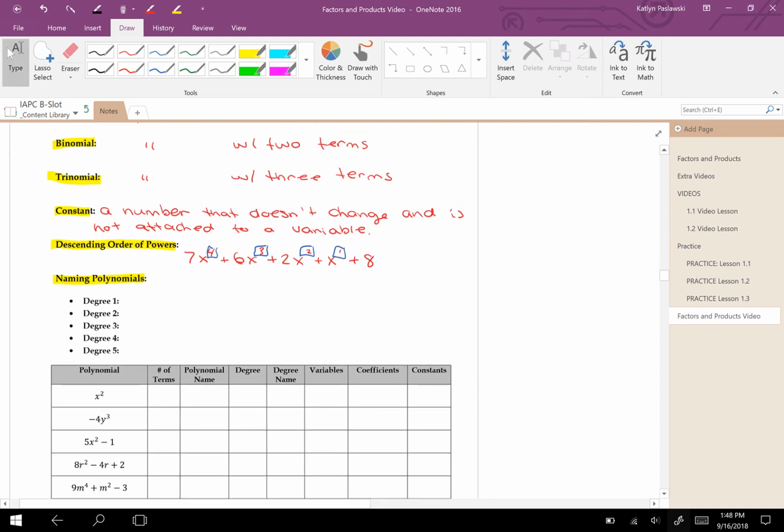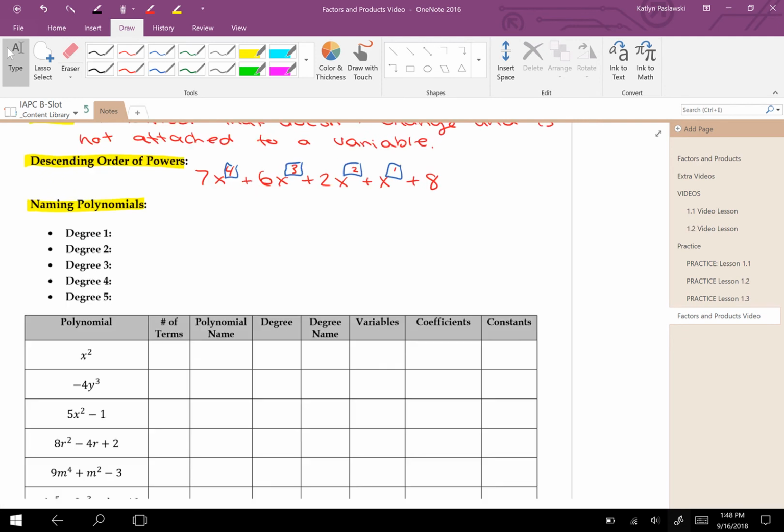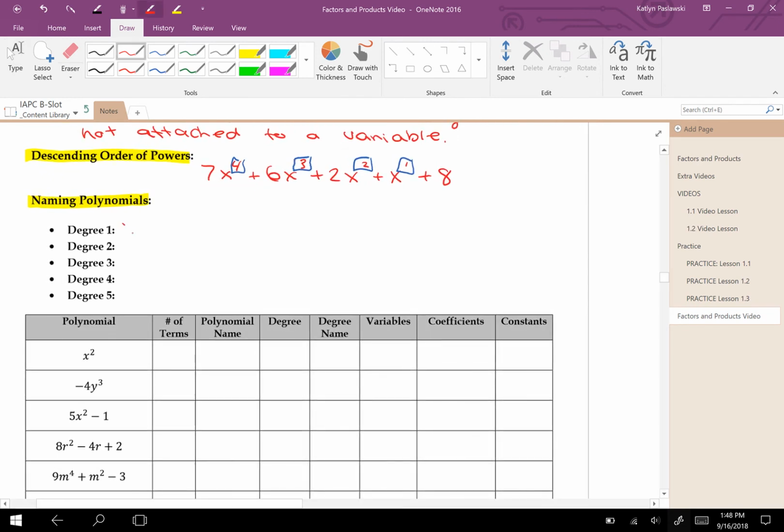Now, here we're going to get into naming polynomials. In grade 9, we just looked at the degree and identifying what the degree was. Now we need to be able to name them. So here we have degree 1. So this is like x to the power of 1, which usually isn't written. It's usually written as x. And we call this linear. X squared we call quadratic.